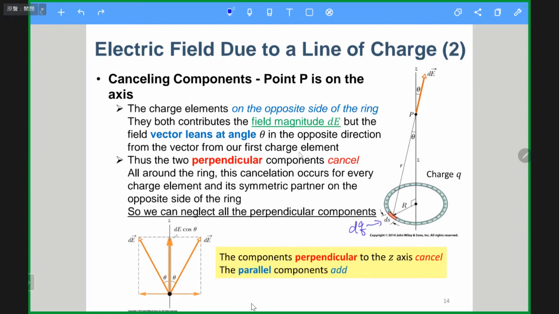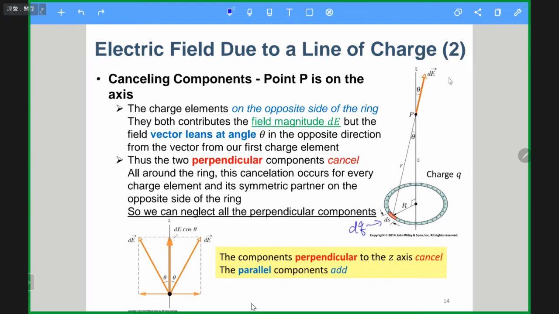Okay, so it says the charge elements on opposite sides of the ring both contribute field magnitude dE, but the field vector leans at the angle theta in the opposite direction from the vector from our first charge element.